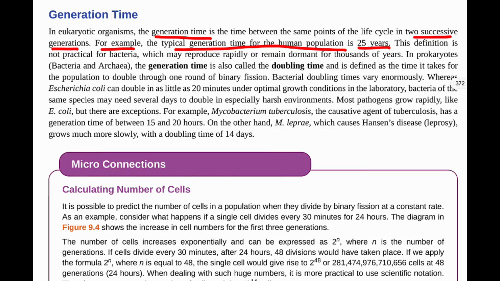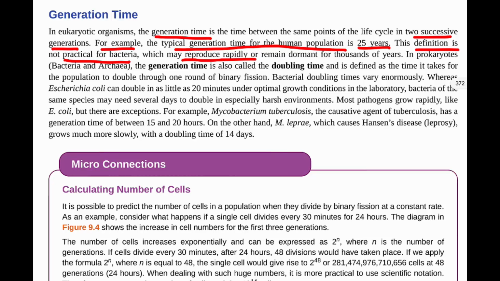Basically, rather than saying our generation time for a human population is 25 years, we would likely say people generally have children when they're about 25 years old, which is the same thing. However, this definition doesn't really work for bacteria or archaea, because they reproduce very rapidly. Many of them reproduce so rapidly that a generation time would be seconds.